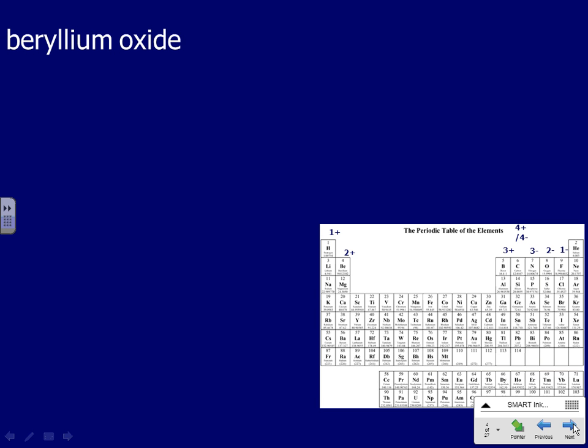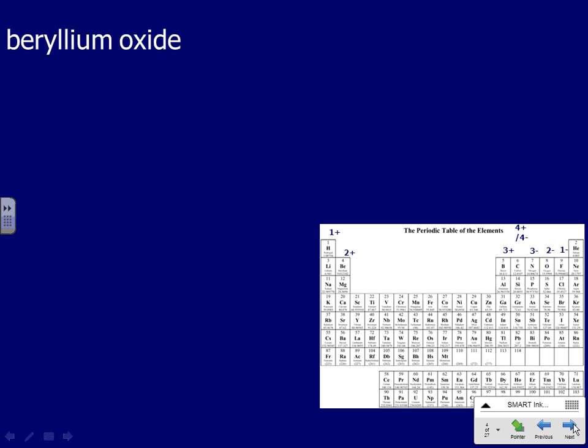Beryllium oxide. I think we can already make the jump where we don't have to write the charges down up above, because in our mind, we'll just drop it down right away. Everybody kind of see what I'm saying?